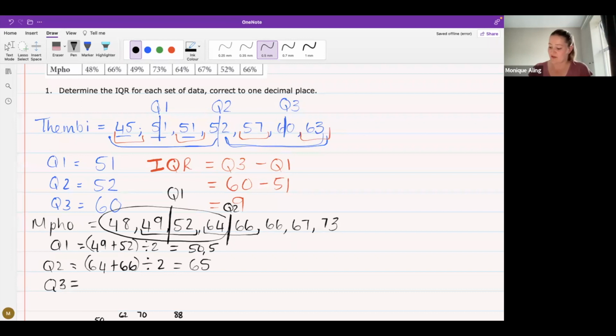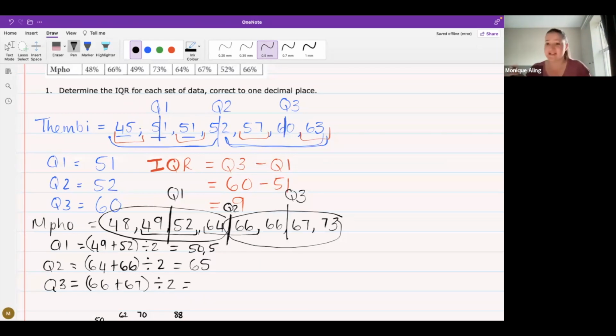And quartile 3 is the middle of this other half. And again, in between 2 numbers. So it's 66 plus 67. So essentially, we're just finding the median 3 times. Every time we halve it, we halve that half. Okay, and that gives us 66,5.